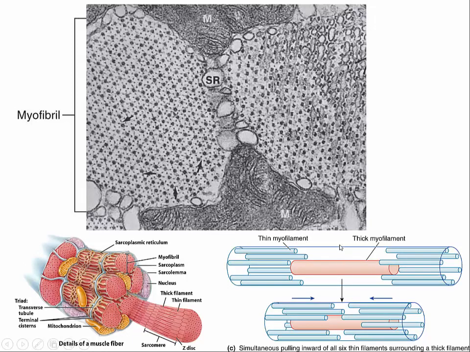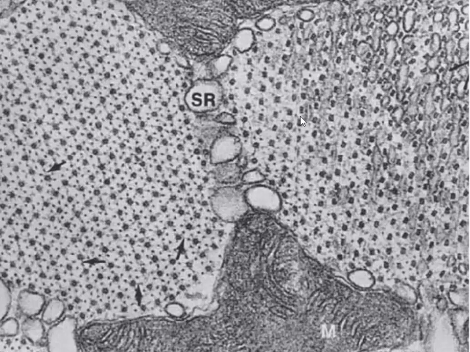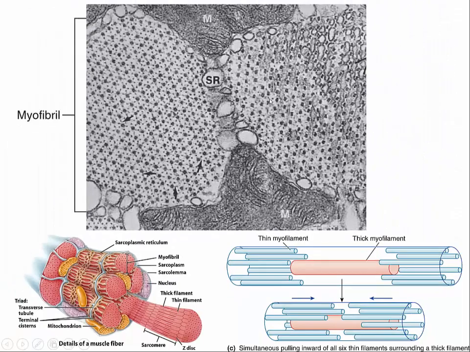If I were to make a cross-section through here, I would only see thick filaments. I wouldn't see any of these thin filaments. That would be this right here. Do you see this image where there's no thin filaments around it? That's because on this one, it's showing this. On this one, it's showing this. So they made a cross-section through here.